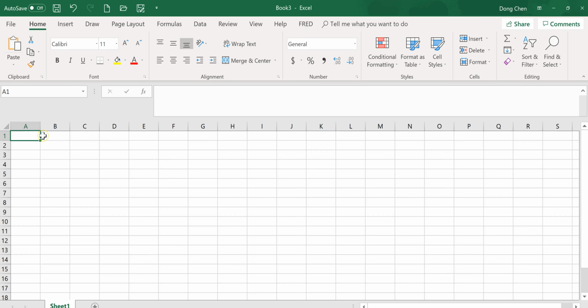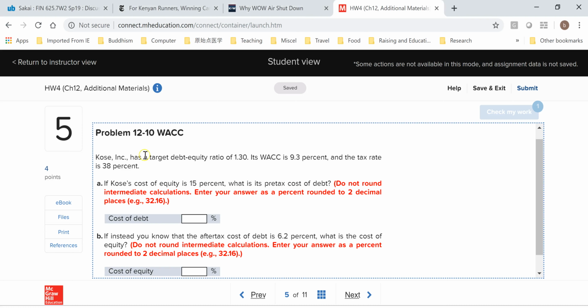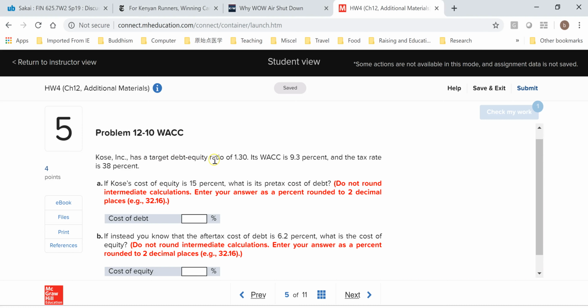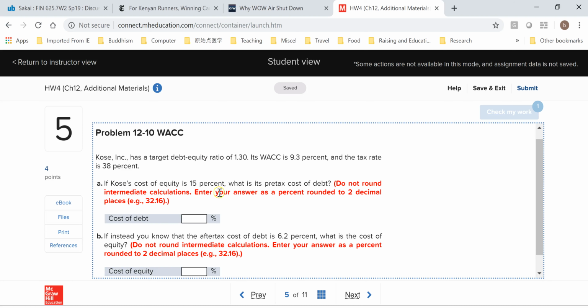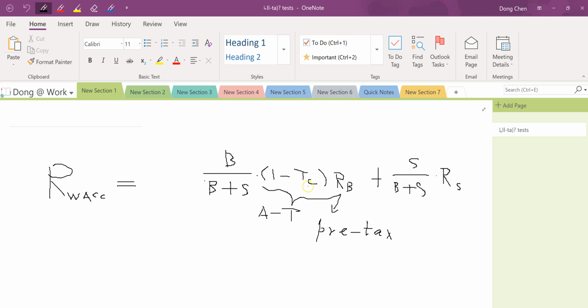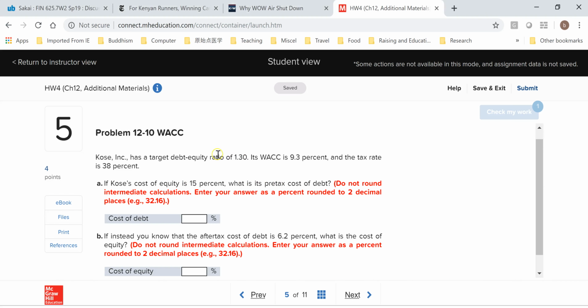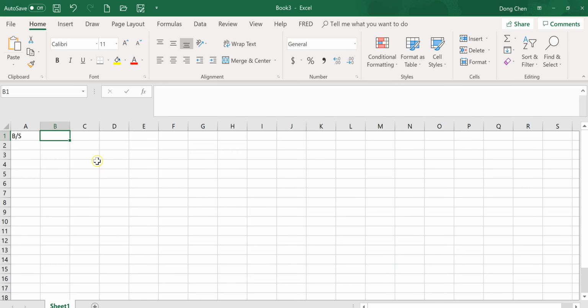So putting down the information as given by the setup, the target debt equity ratio. Notice here it's the debt equity ratio, but in our formula what we need is the debt value ratio and equity value ratio. So we need to convert this debt equity ratio into the debt value ratio and equity value ratio.